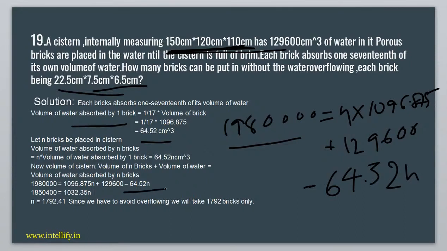From this equation we have to calculate n, which after calculating we are left with 1792.41. Since we have to avoid overflowing, we will take 1792 bricks only. Let's jump on to the next question.